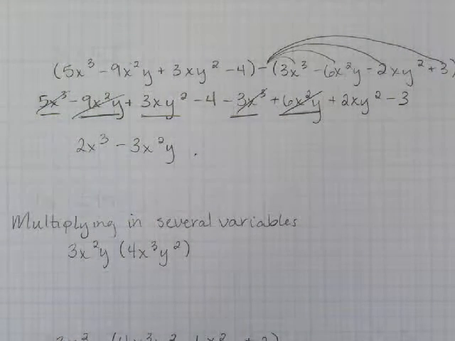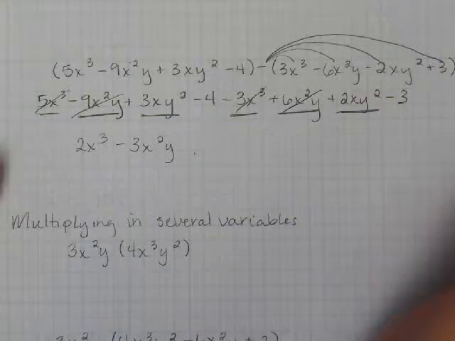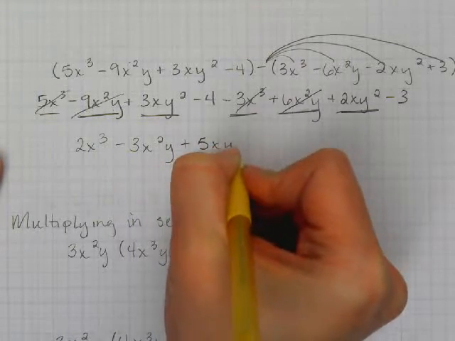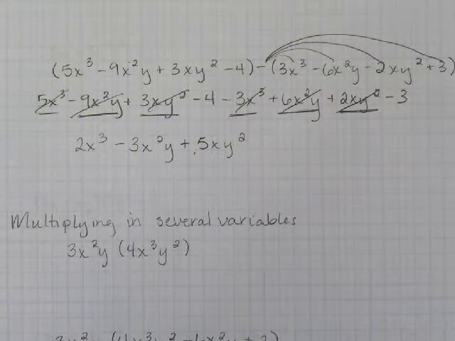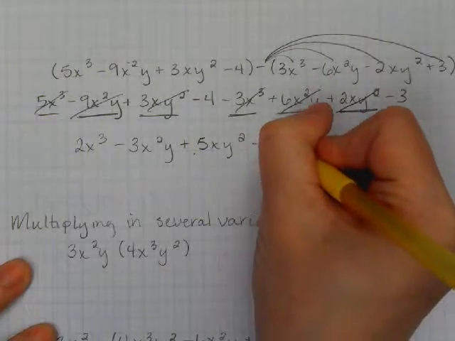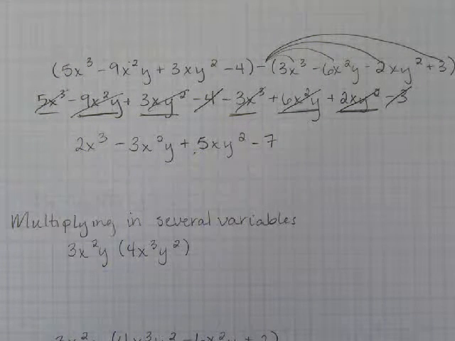If all I'm doing is multiplying here because I don't see any pluses, no minuses in between terms, then really what this is, is 3 times x to the second times y times 4 times x to the third times y to the second.